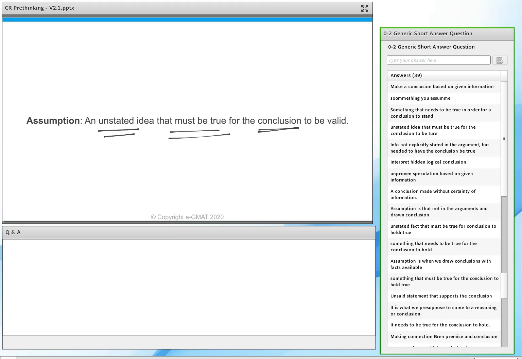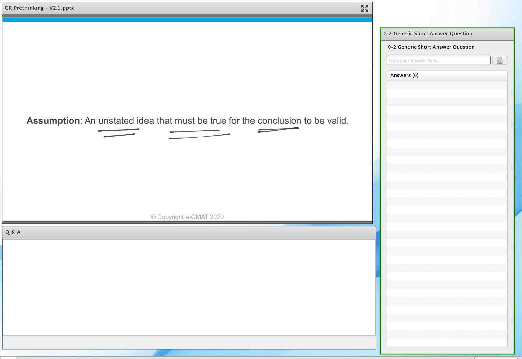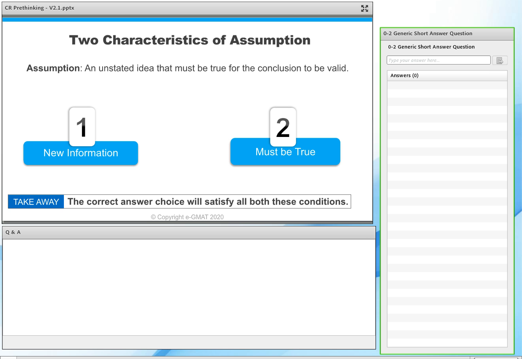This is what the GMAT tests you on. Do you understand, given the logic that the author is presenting, what is required, what must be true, versus what is not? We're going to build on this notion and talk about unstated and must be true aspects through examples in this session.